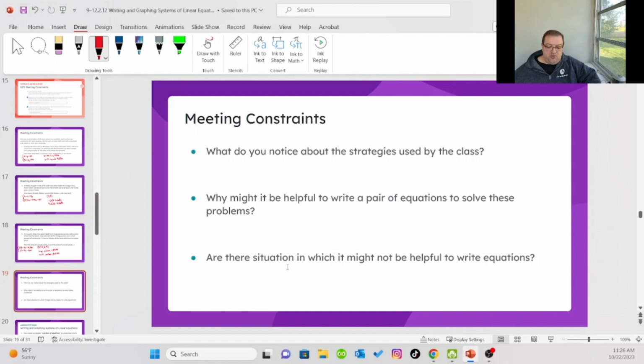Are there situations where it might not be helpful to write equations? Probably not, unless you can know right away just by looking at it what the answer is. But even if they don't cross and there is no solution, it'll at least let you see that they are parallel lines that never cross.